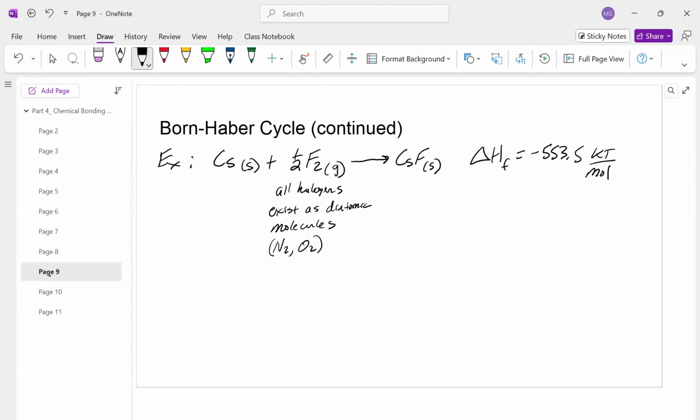The F there just represents formation. I formed cesium fluoride from its elements. And I do want to highlight the importance of the sign. The sign is important because this means it released energy and became more stable.